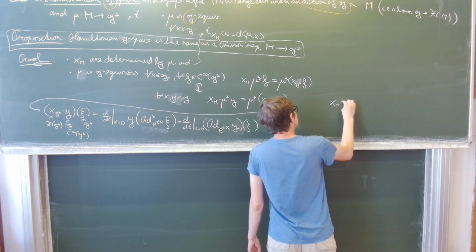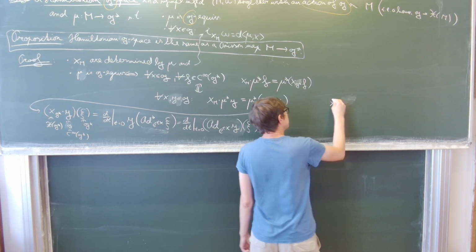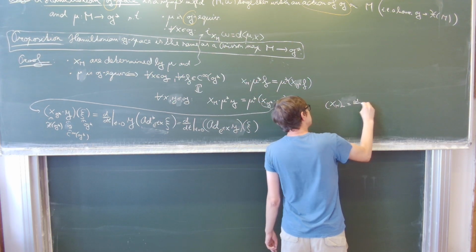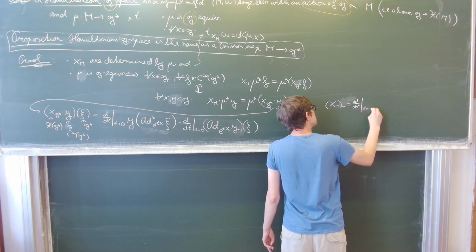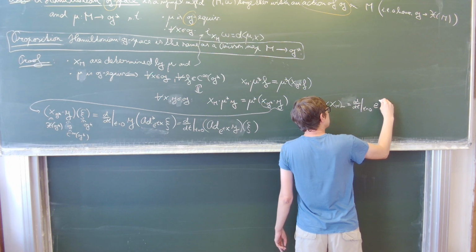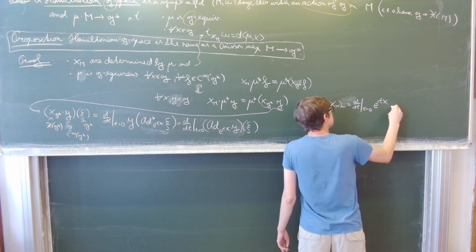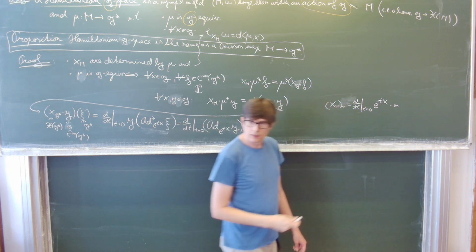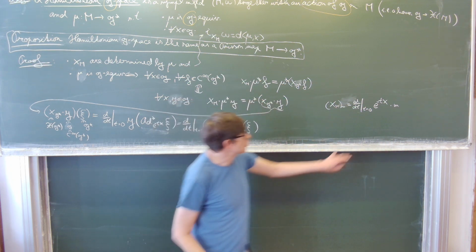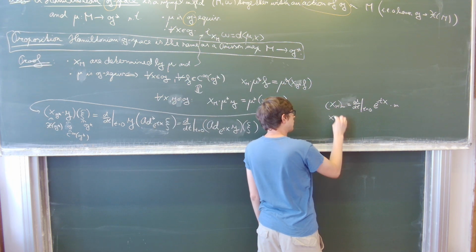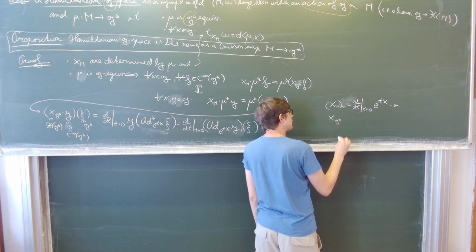Okay. So in general, this thing at a point m is d/dt at t equals 0 of e to the minus tx acting on point m. And in our case, the action is the coadjoint action. So in our case, m was g star. That's our manifold.